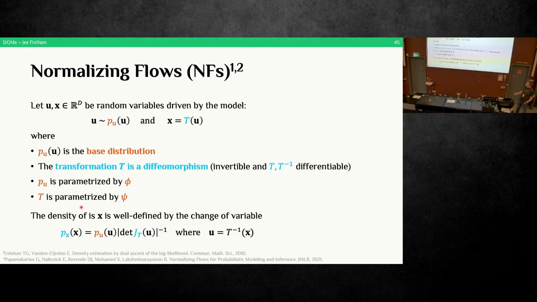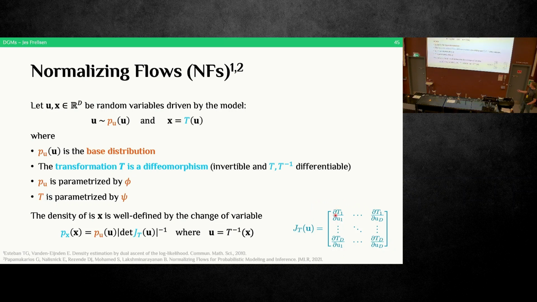And then the density of x is given by the change of variable formula, which in multiple dimensions looks like this: P of x is equal to P of u, and then instead of just taking the derivative, we take the determinant of the Jacobian of the transformation evaluated at u, and then we take the inverse of its absolute value. And recall that the Jacobian is just a matrix of all the partial derivatives.